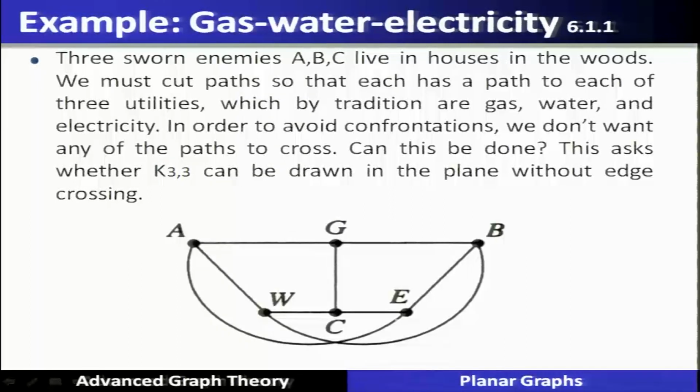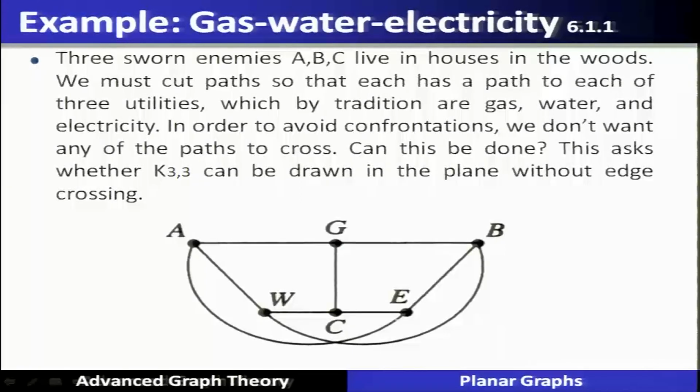Another example is laying down gas, water and electricity to 3 different houses, let us say A, B, C. We have to cut through the path and make sure that these paths do not cross each other. Now, the question is, can we do this?